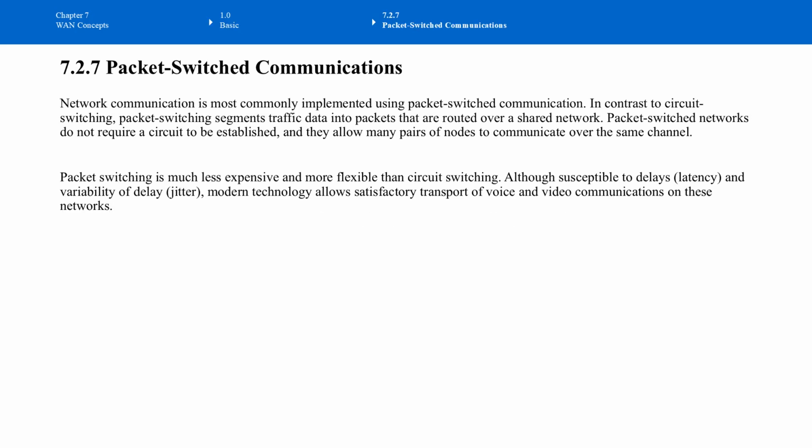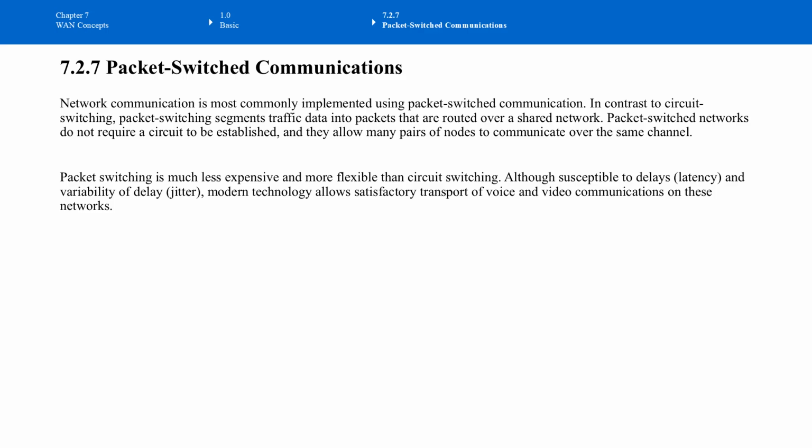7.2.7 Packet switched communications. Network communication is most commonly implemented using packet switched communication. In contrast to circuit switching, packet switching segments traffic data into packets that are routed over a shared network.